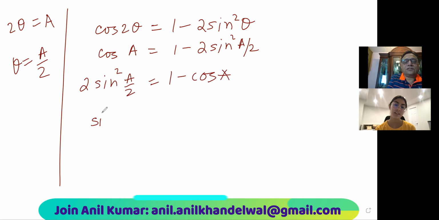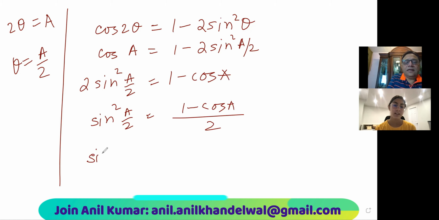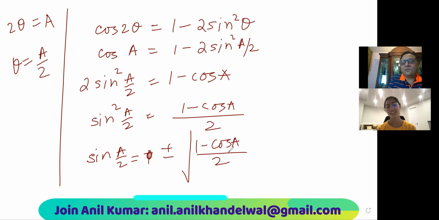So sine squared A by 2 will be half of this, and sine A by 2 will be plus or minus square root of 1 minus cos A over 2. You get the idea. So easy.